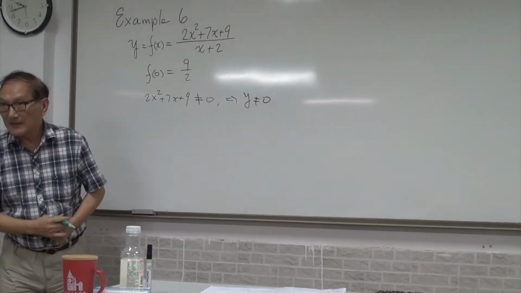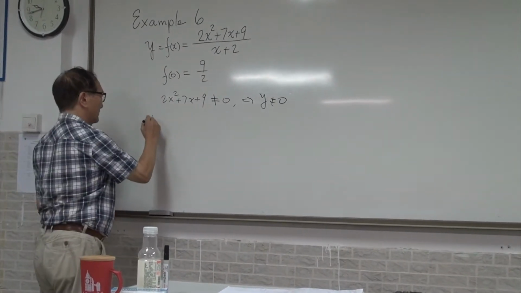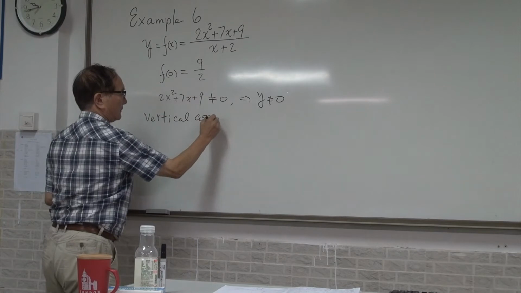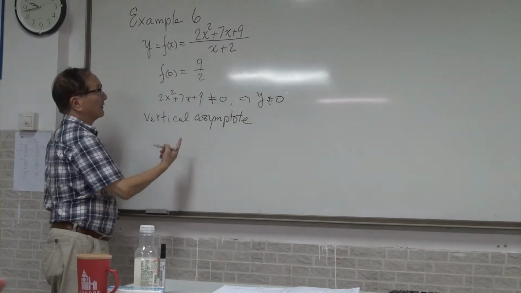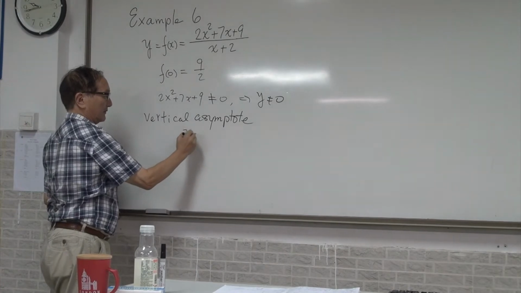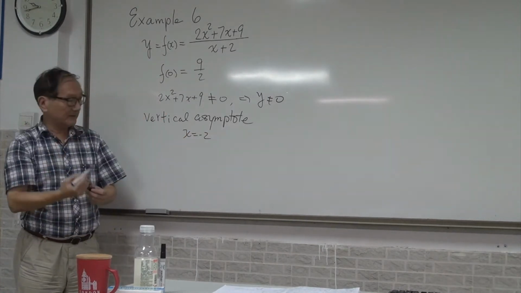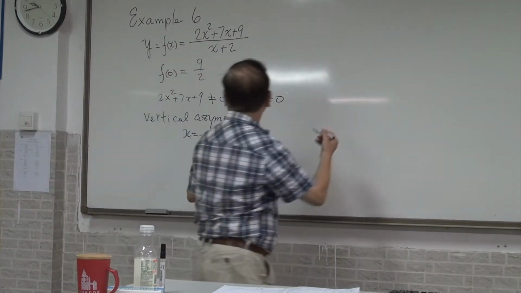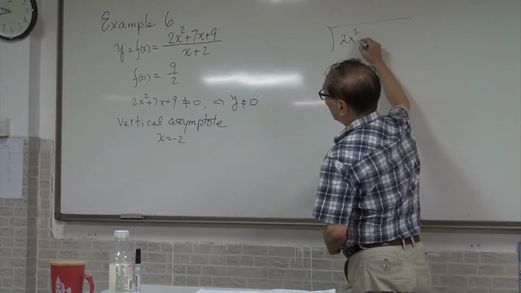Okay? Now the asymptotes. The vertical asymptote. The vertical asymptote is what? Of course, x equal to negative 2, right? Because when x equals negative 2, it's not defined, it's infinite. And what else? Then you talk about the oblique asymptote.